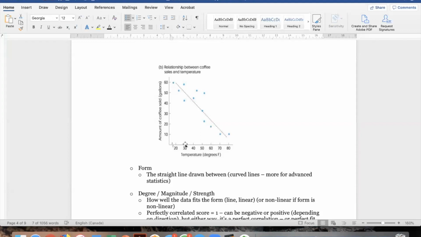When the temperature goes up to 30, you're only selling 50. When the temperature goes up to 40, you're only selling less. So the temperature is going up, but the amount of coffee is going down.